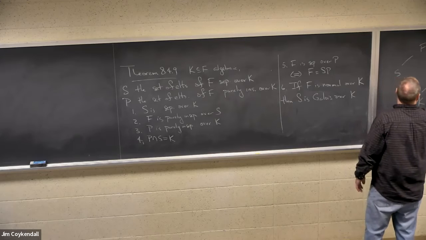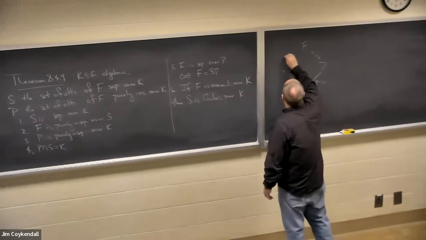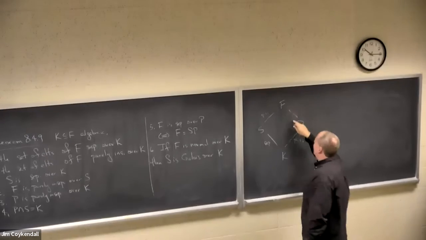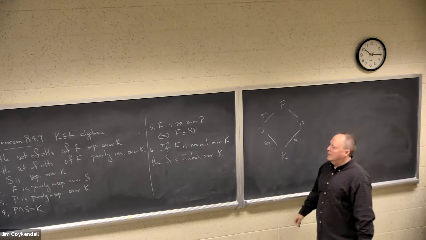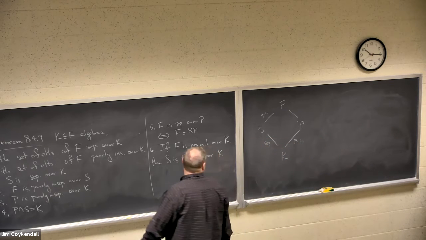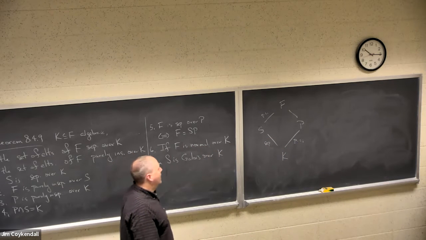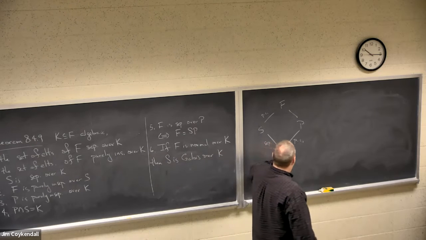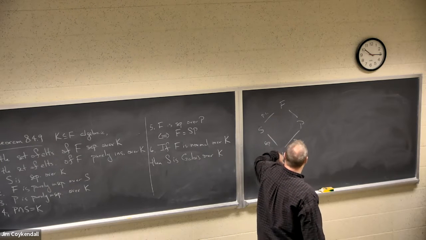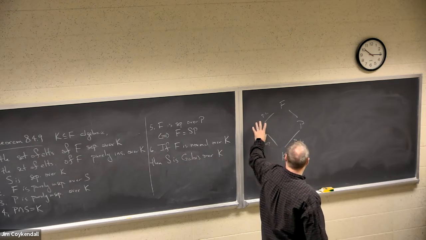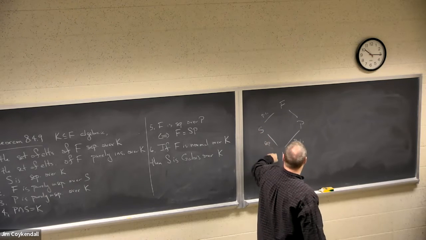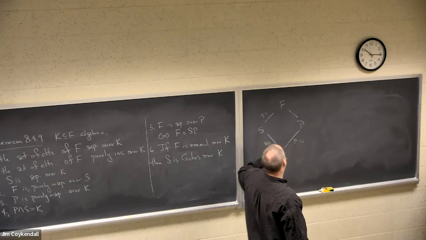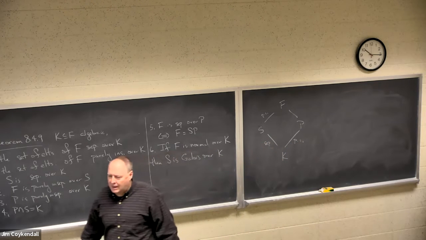This is purely inseparable. This is purely inseparable. And if F is S union P, then this extension right here is separable. And if F is normal over K, then this field right here is Galois, because this field will also be normal and separable, which is equivalent to Galois.